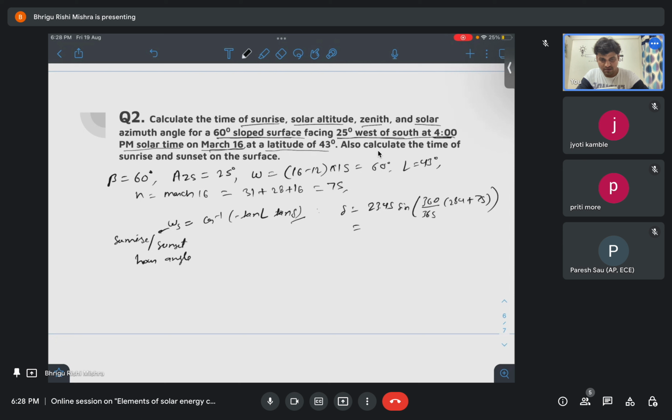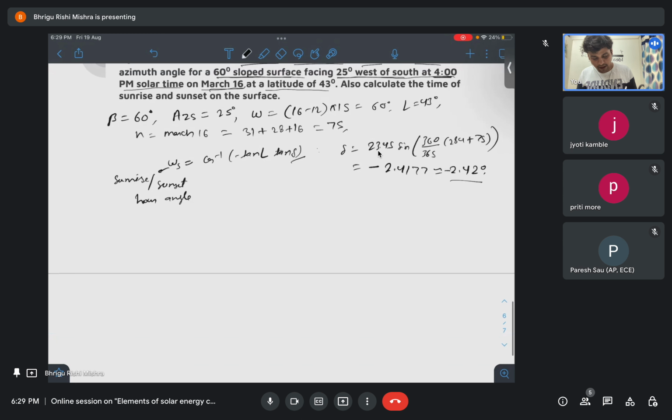Calculating this, it is around minus 2.4177, so minus 2.42 degree. Okay, so this is delta, and now we can calculate omega s.